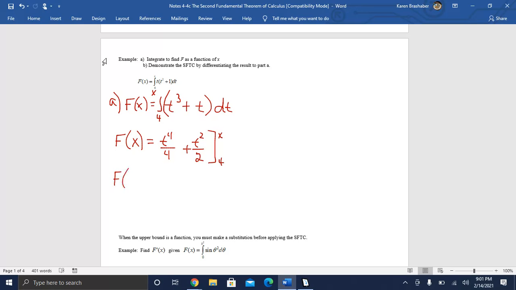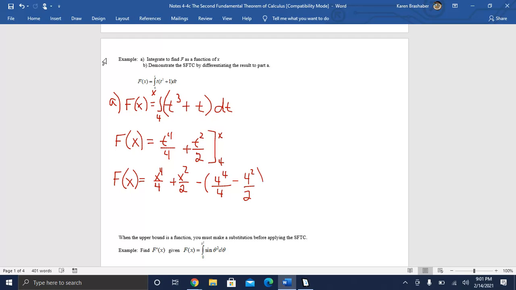So f of x, now I'm going to substitute in my x and then my 4. So I'll have x to the fourth over 4 plus x squared over 2 minus, and then I'll have 4 to the fourth over 4 minus 4 squared over 2.